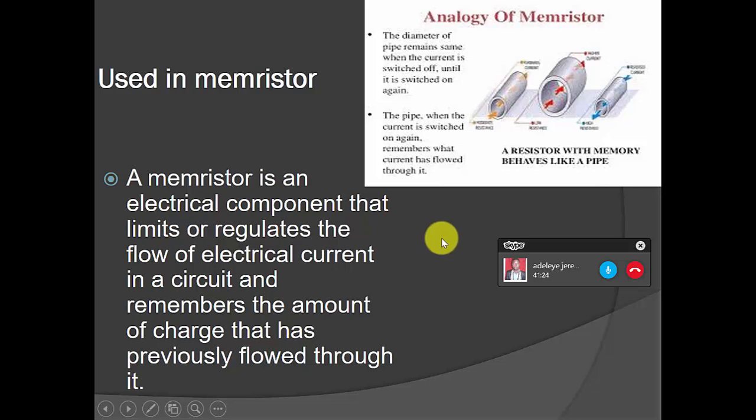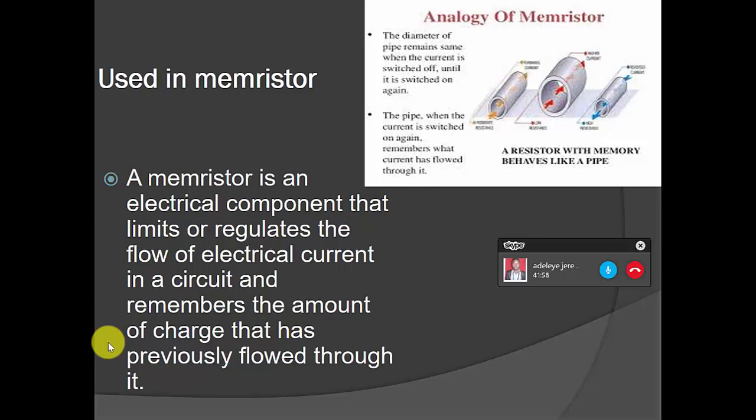So, the memristor is a device that was developed that has electrical components that limit or regulate the flow of electrical current. Now, what does it do? It's a kind of storage device that is more like a ROM. It doesn't lose its contents. It's very effective when you store information on it.